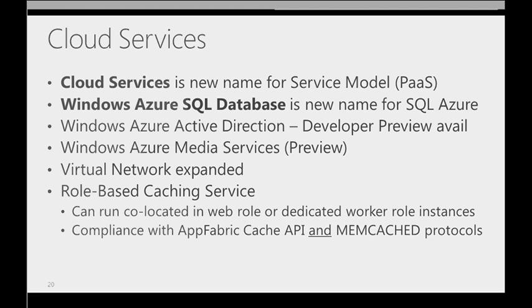It is compliant with the Windows Server AppFabric Cache API, which is nice if you want to just move applications, or Memcache protocols as well. So if you're using Memcache in your application, you shouldn't have to change any of your caching logic to get this to work with Windows Azure, because it's compatible at the wire level.